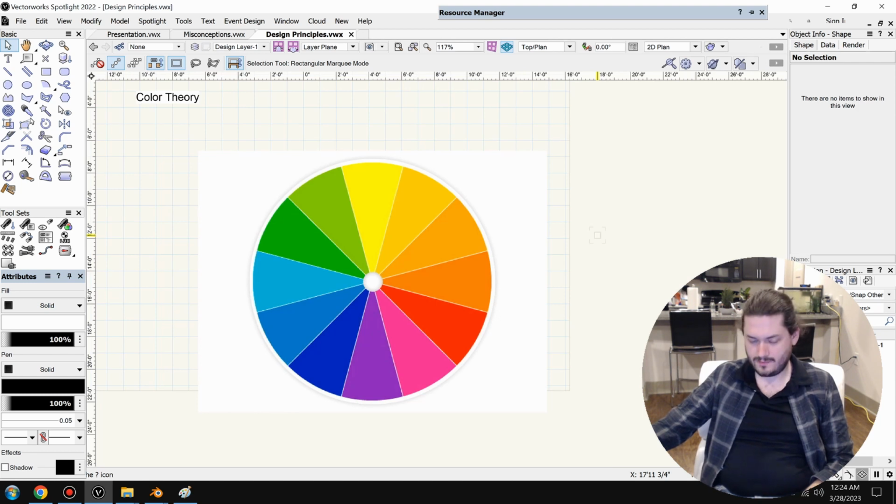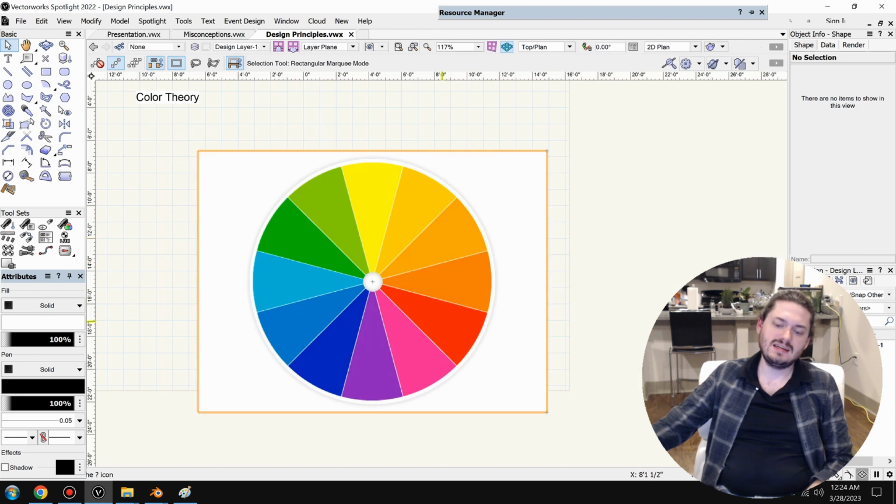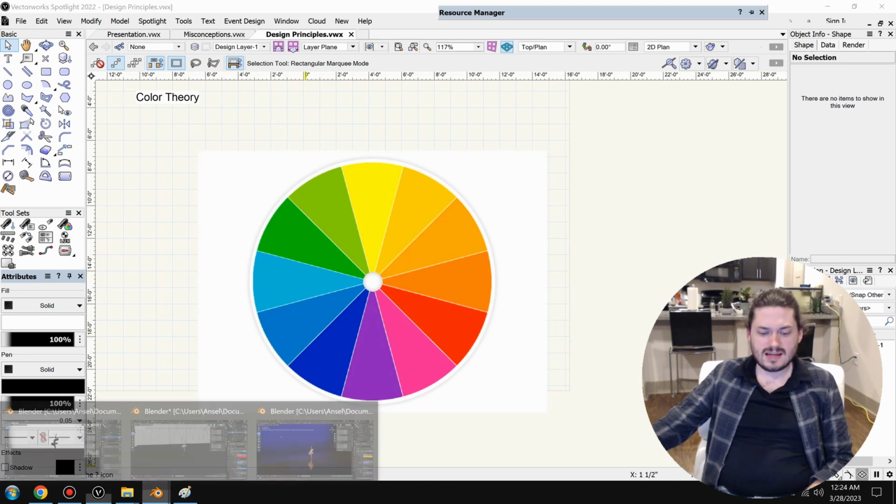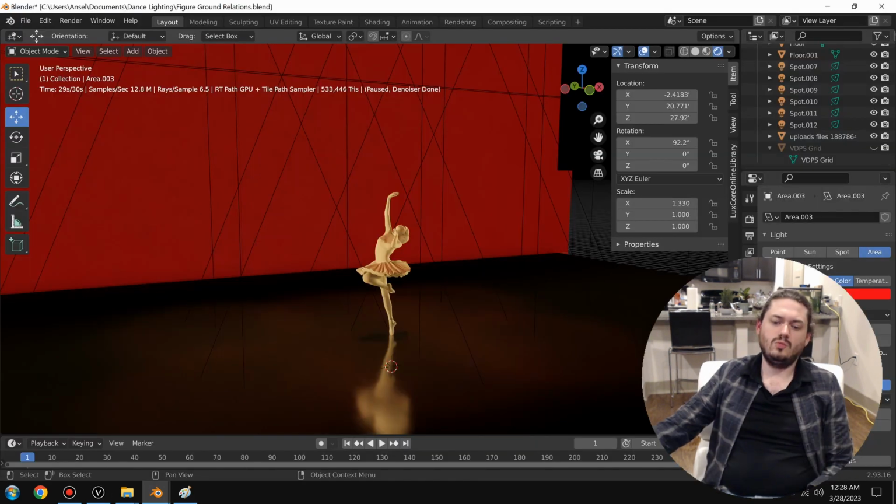The second type of color unity is called analogous color unity, and that is where you are using colors from the same general area of the color wheel, but you're not necessarily restricted to just one. So, for example, a composition with analogous color unity might look something like this.